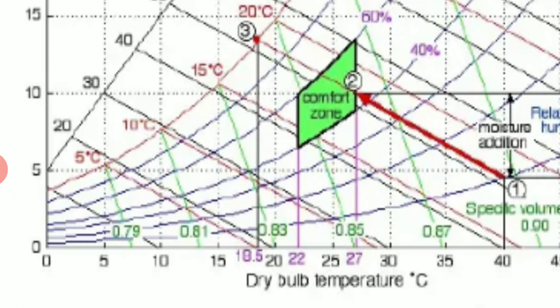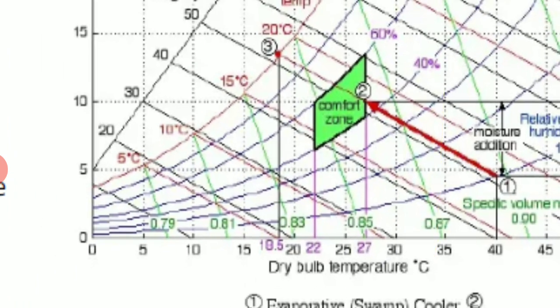Middle will be 50, so it is less than 50. So exactly it is nearer to 40, meaning 44 or 45 percent you can take. And this is the outlet relative humidity phi 2, whose value will be 45%.